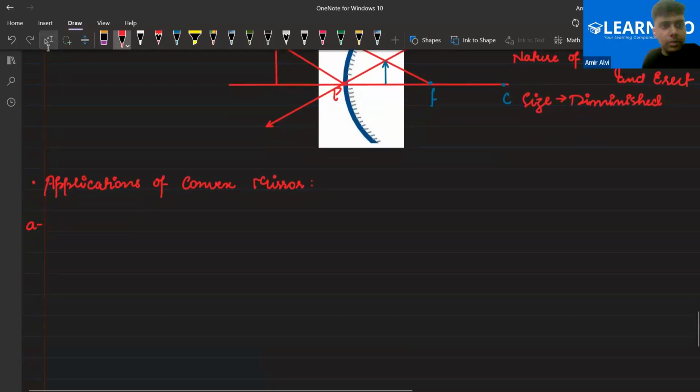First part, just give me a second. Let me paste it over here.